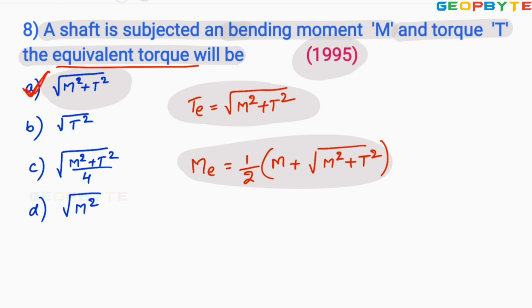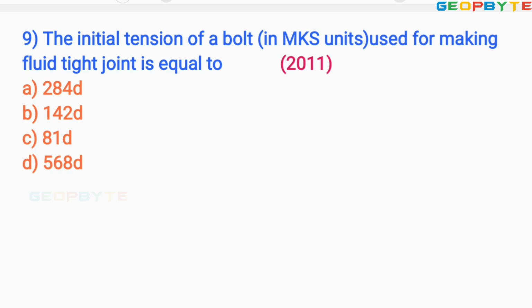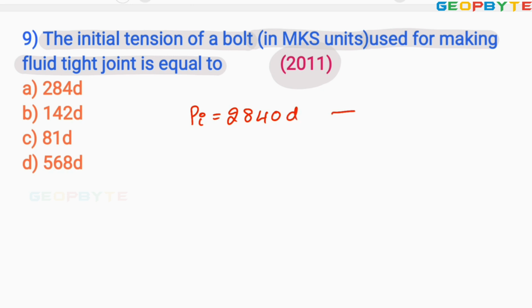Let's go for the next problem. Look at the 9th problem asked in 2011. The initial tension of the bolt in MKS units used for making fluid tight joint is equal to, dear friends, the initial tension Pi equal to 2840 into D. It is in SI system international.